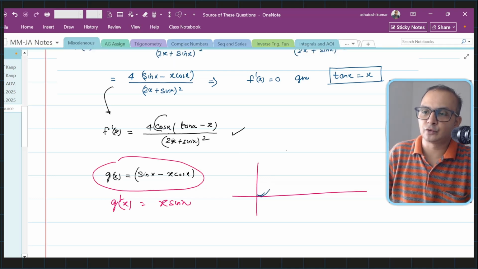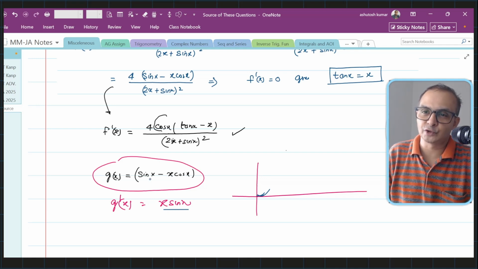And at pi by 2, the derivative is positive, but at pi by 2 this value is 1, so it should cross 1.